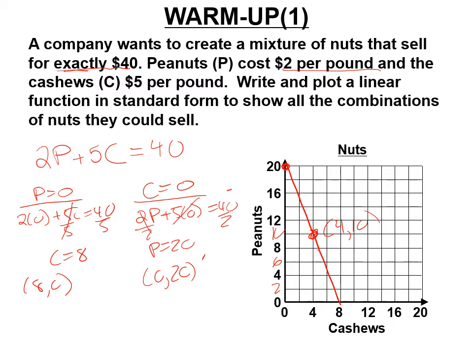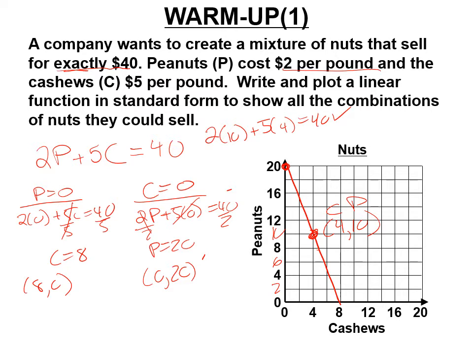So 4, 10 looks like a combination, so 4 for cashews, 10 for peanuts. That's C, that's P. Those add up to 40 if you put it in there. 2 times 10 plus 5 times 4 does equal 40. That's one combination, and there's lots of other combinations along the line.